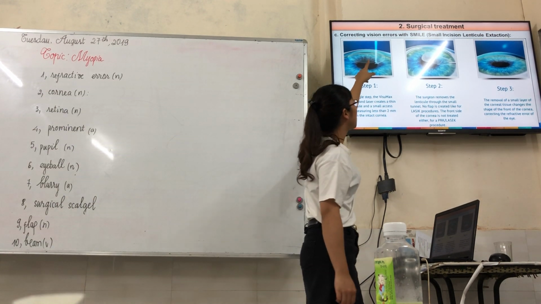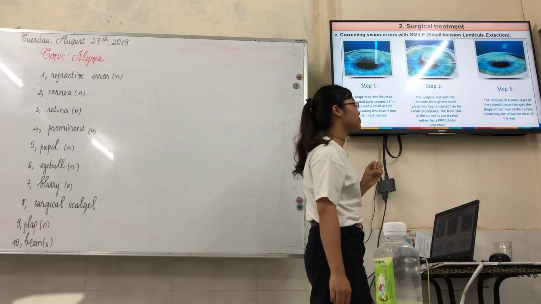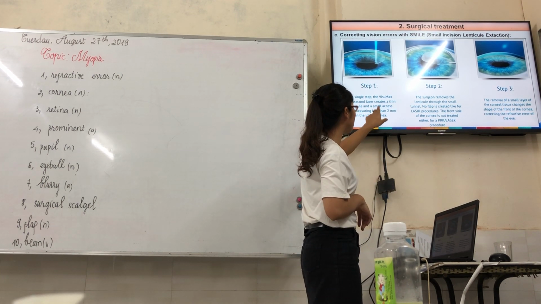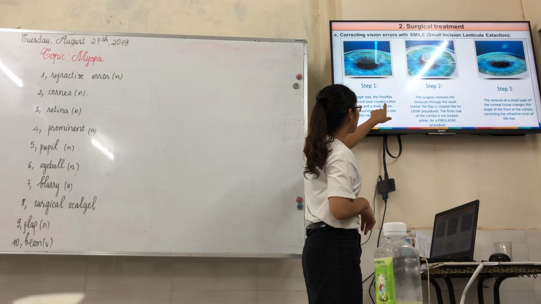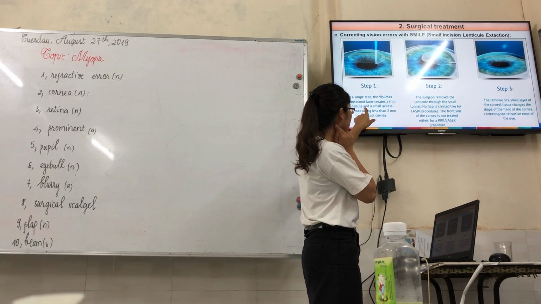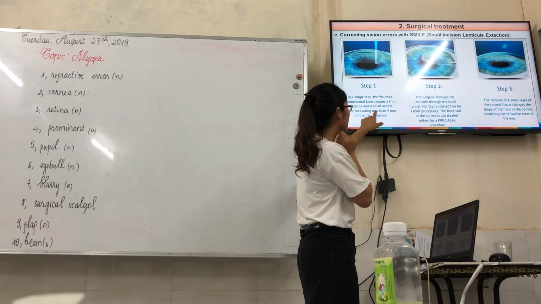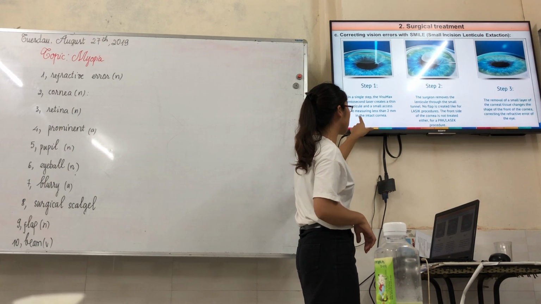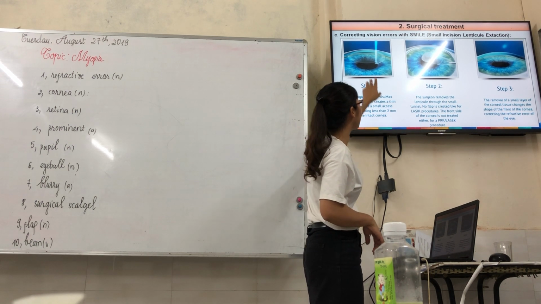They just use the surgical instrument in order to make a thin lenticule and a small access point. It is less than 2 millimeters in the cornea.